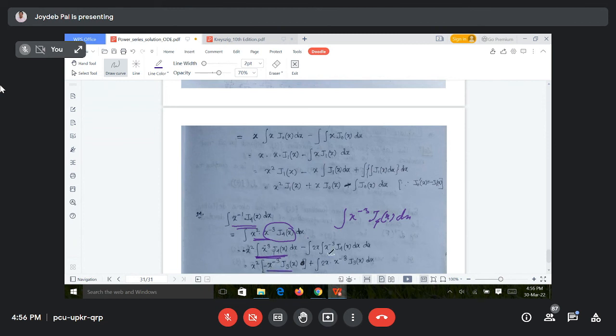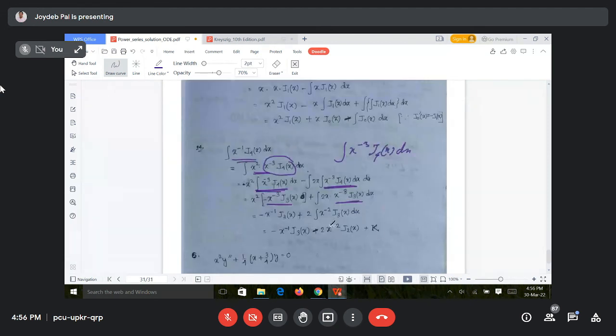We are substituting, and similarly for the other I am substituting. Next, simplifying, there is no integration term here, and for the second, after simplifying we are getting 2 into the integration of x to the power minus 2 j3x dx.